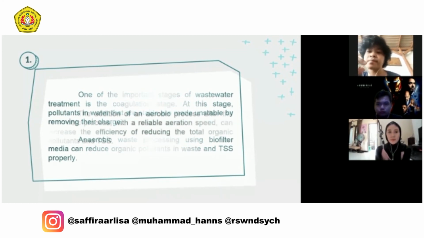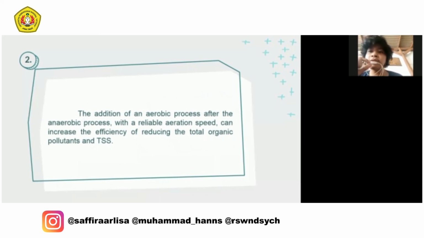Next. 2. The addition of an aerobic process after the anaerobic process with a reliable aeration speed can increase the efficiency of reducing the total organic pollutants and TSS.